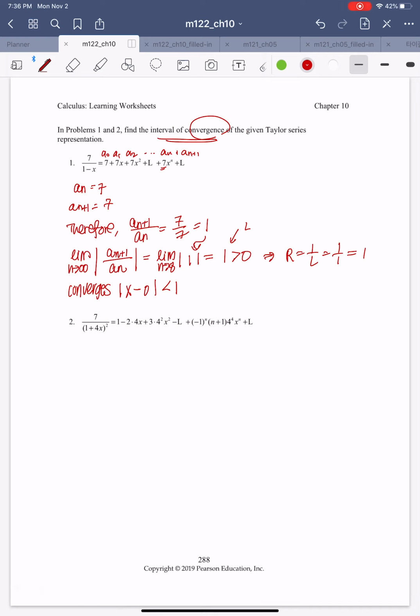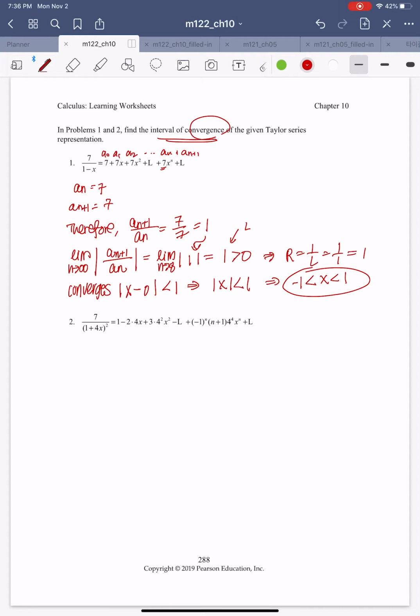By algebra, you know that this is just the absolute value of x less than 1. To get rid of the absolute value, we set it between -1 and +1. So our Taylor series converges between -1 and 1.